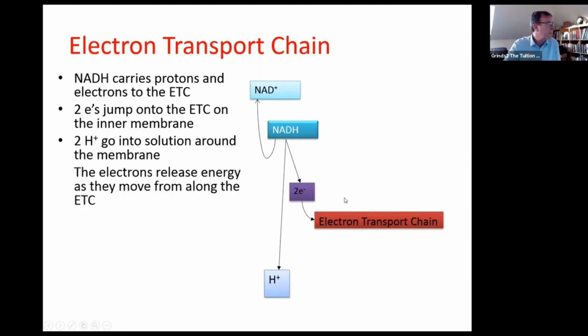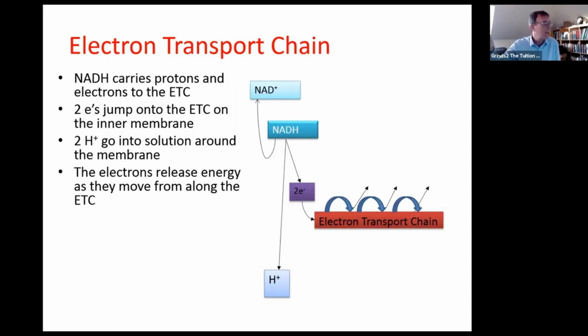So the electrons release energy, and there's all kinds of extra detail to this story that we don't need to know about. But basically, the energy released here in the electron transport chain is used in a place nearby by another molecule that's not part of the electron transport chain.